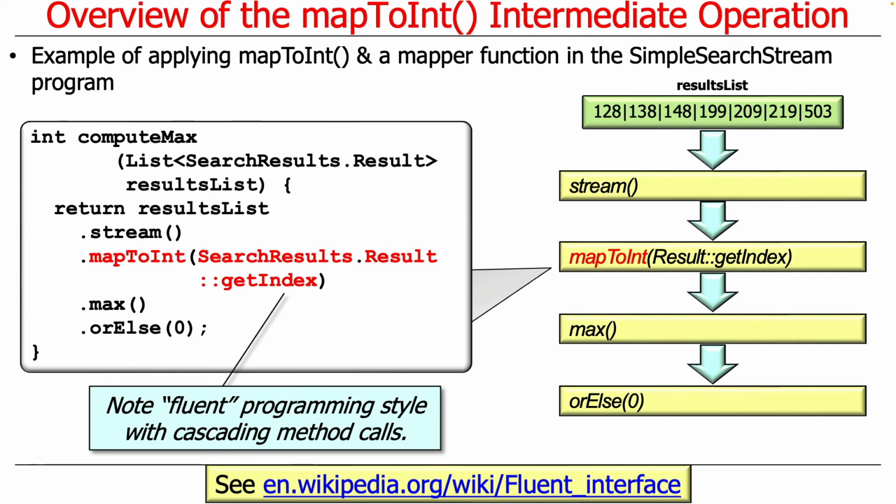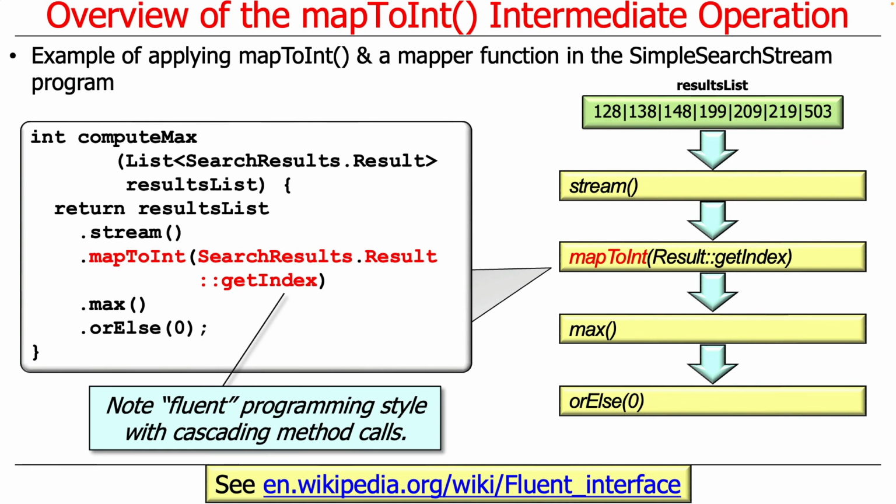So max is a cool little terminal operation that is used on a stream of primitives, like ints or longs, and it'll find the max, and it'll return an optional that has the max, if there is in fact anything in the stream. If there is nothing in the stream, for example if we have an empty stream, max returns an empty optional.